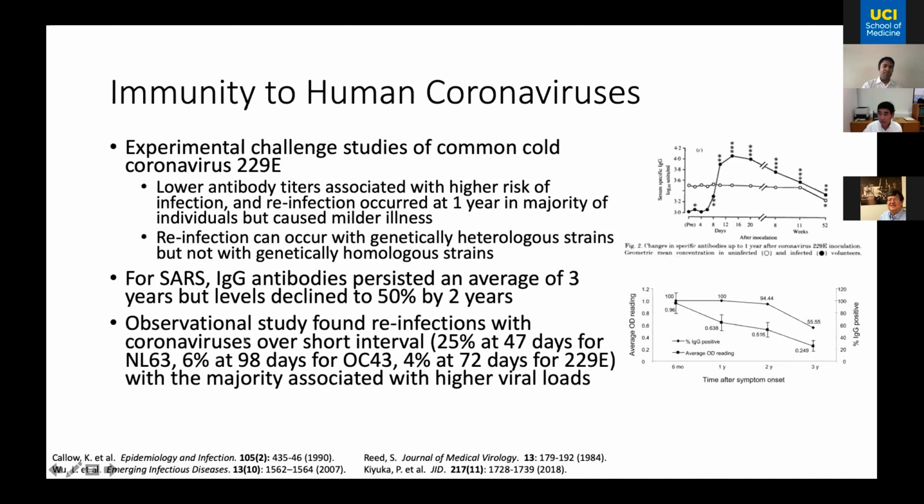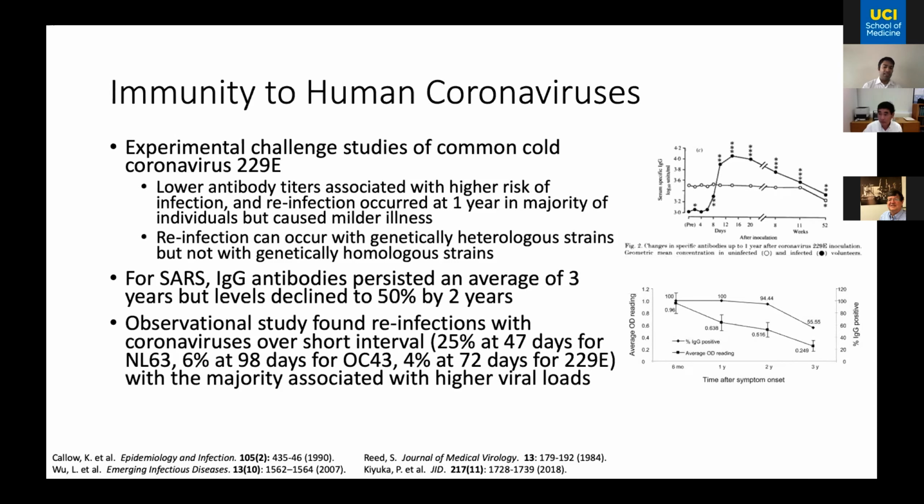And then an observational study in Africa, looking at coronaviruses that cause the common cold over time, did find a subset of reinfections. These ranged from 4 to 25%, depending on the type of virus, and these were over a short interval, ranging from 47 to 98 days. So, on the order of months. A subset of people appeared to be able to be reinfected.